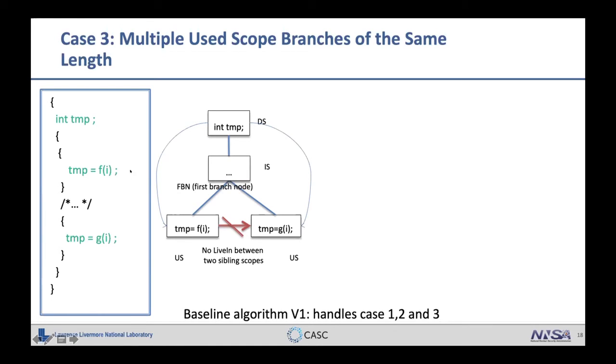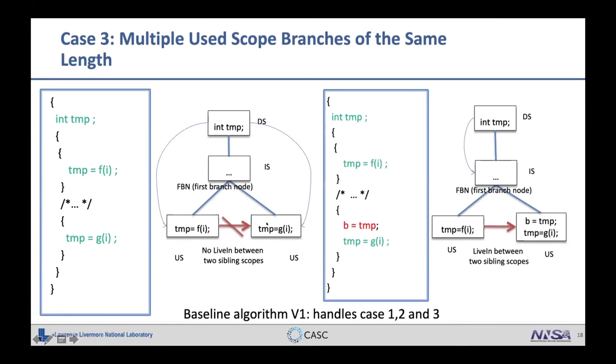In this case, the variable is redefined before its uses, so there's no live-in information, and you can safely move the variable declaration to the bottom of those two scopes. If you do have live-in relations between the scopes, then you cannot really move to the bottom scopes. You can only move to what we call the first branch node instead.